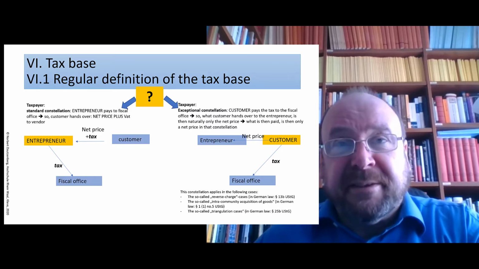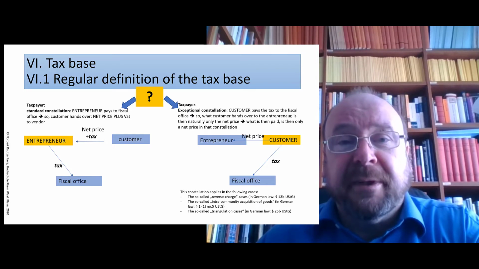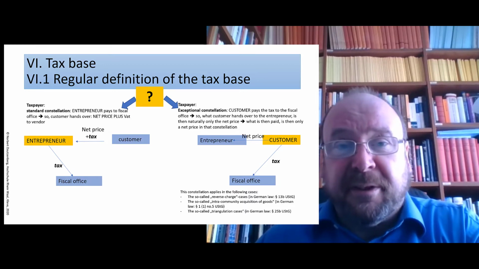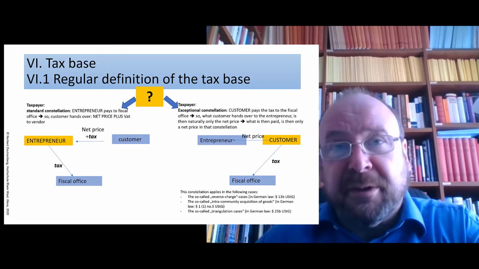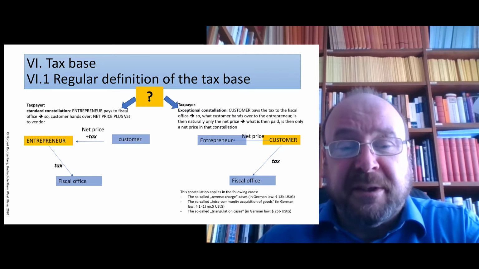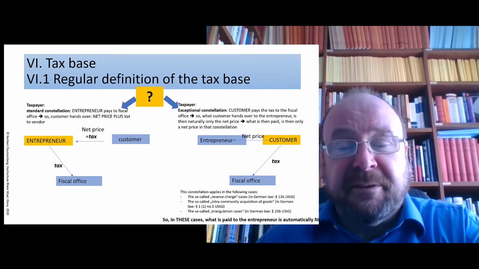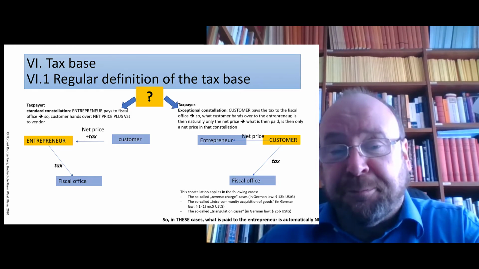This basic distinction is nevertheless something which you should keep in mind, because based on that model, that distinction between the two situations, you can always find out if amounts which are paid or agreed upon in the contract are gross amounts or net amounts. In the cases on the right side, everything which is paid to the entrepreneur is automatically a net amount without anyone having to say it in the contract or in a case data description.